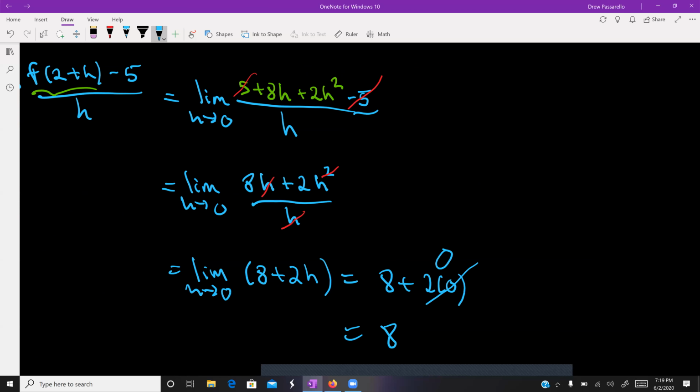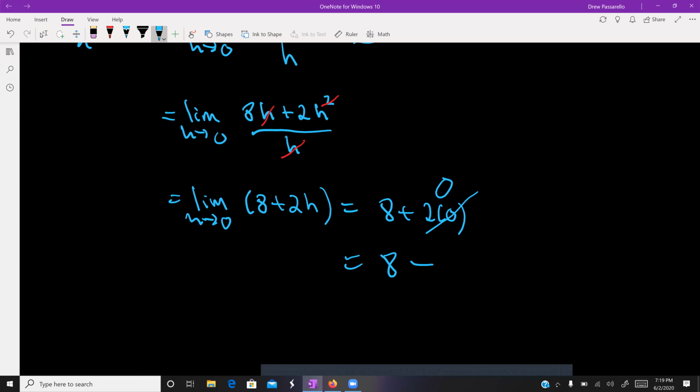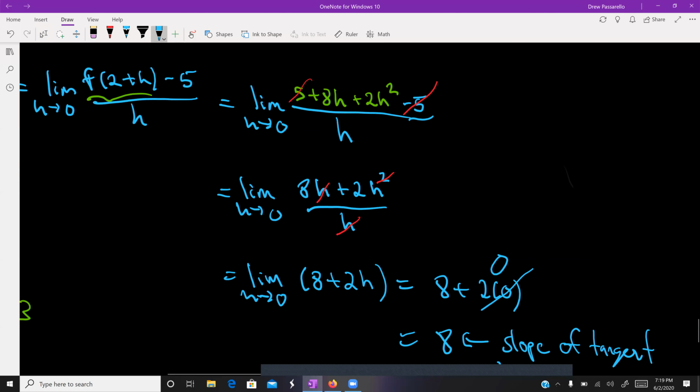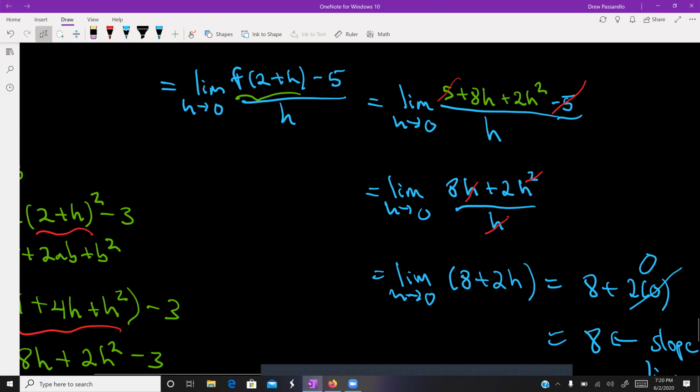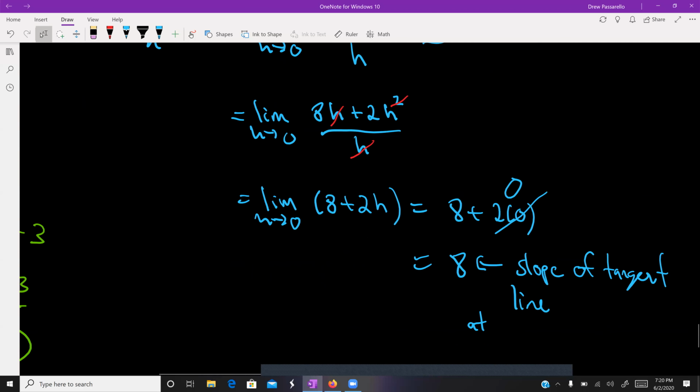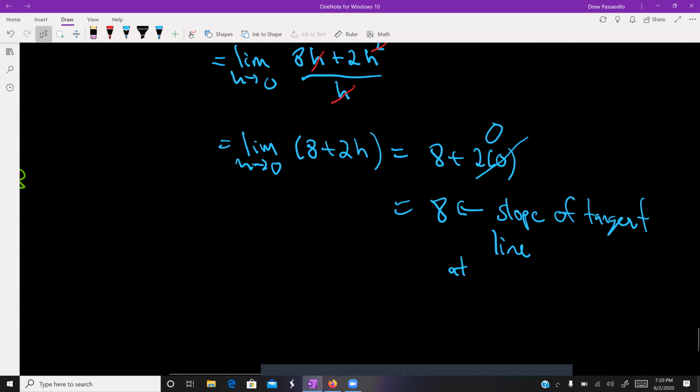And so 8 should be the slope of the tangent line at the point (2, 5). Okay, so that's going to be the answer.